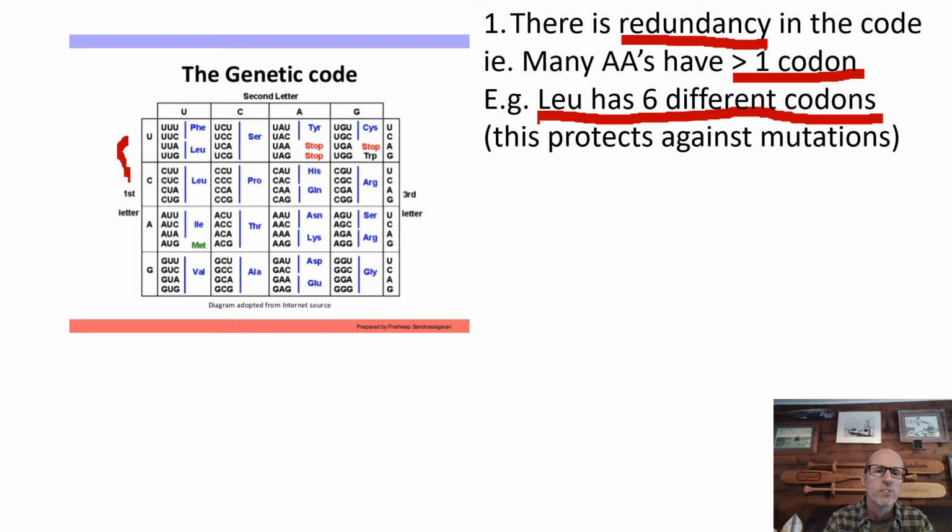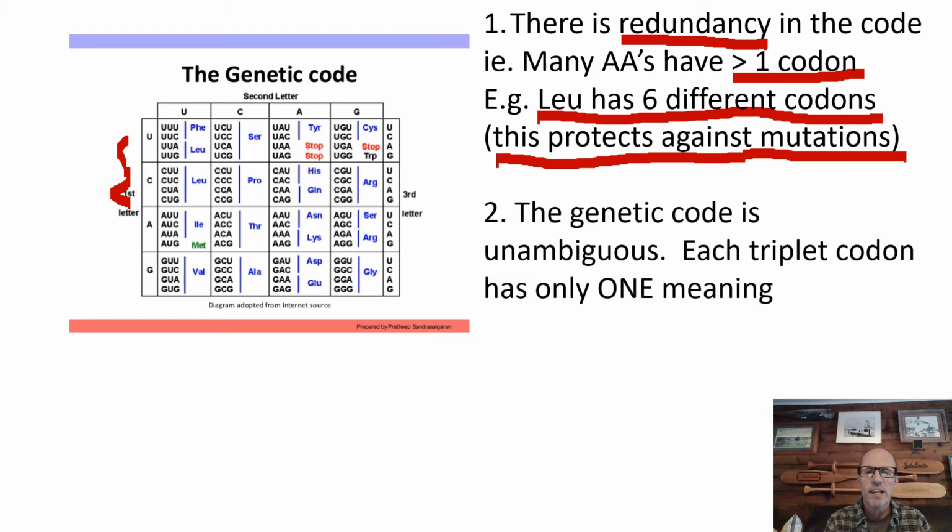This is where we see this right here. There are 6 different codons that code for leucine: UUA, UUG, CUU, CUC, CUA, and CUG. This actually produces a lot of protection against mutations because of the redundancy in the code.